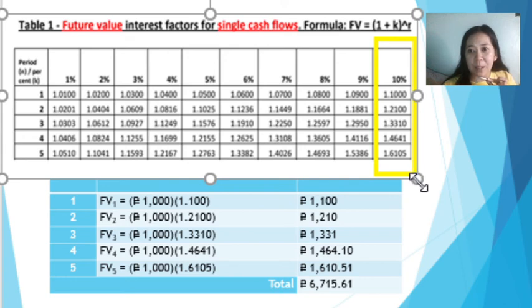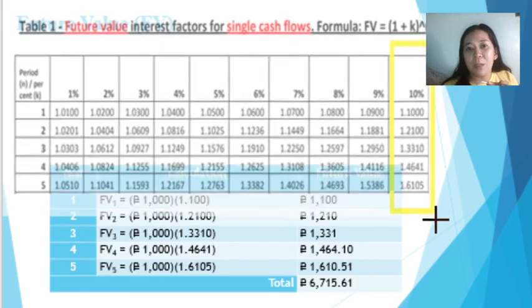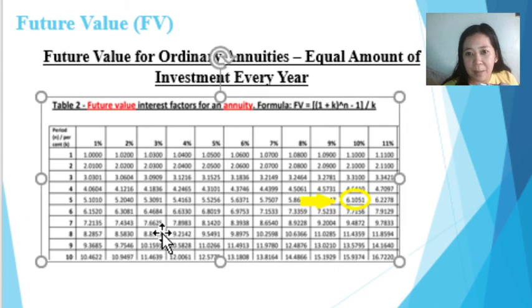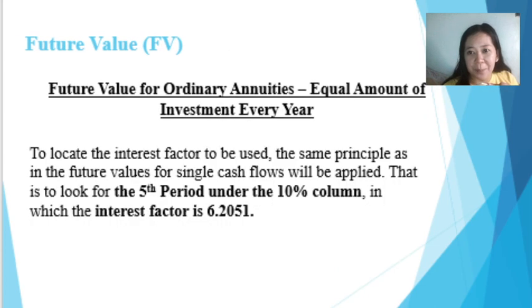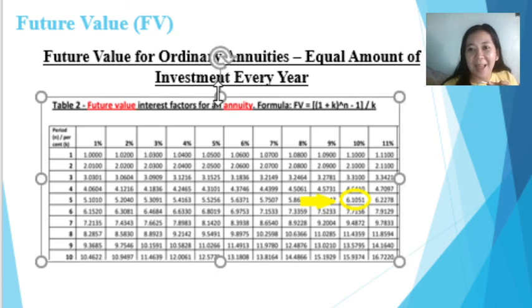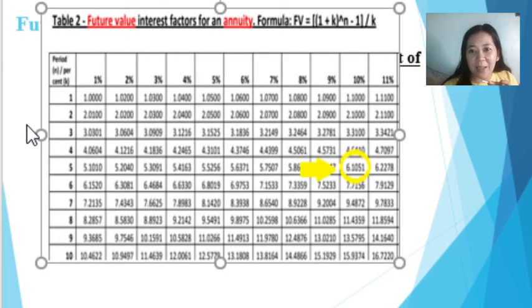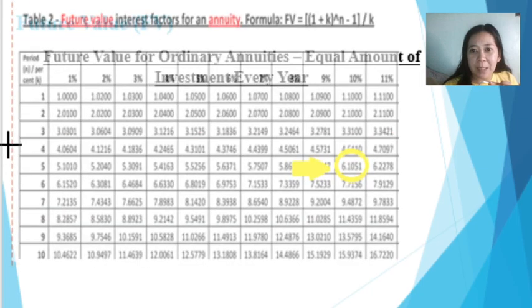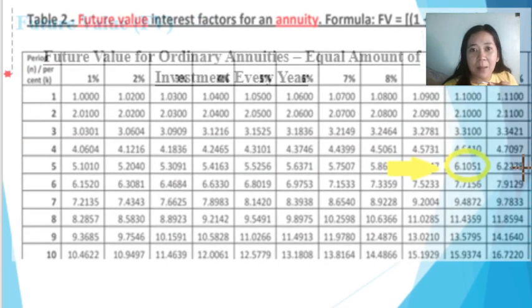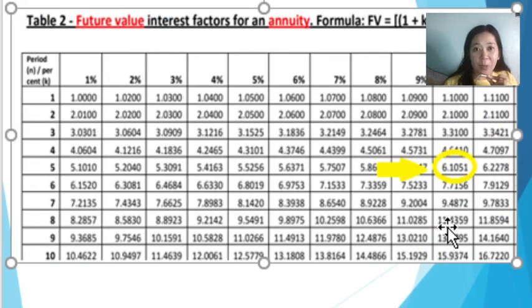This is our table, by the way, sorry. For annuity, table 2, it is the same manner of locating the interest factor.